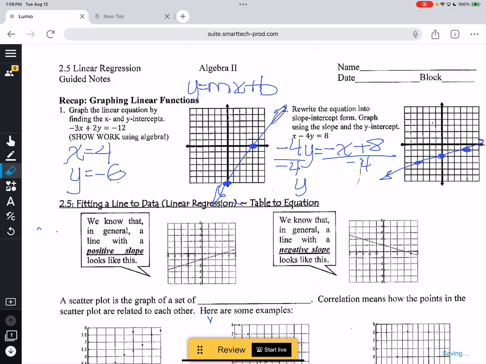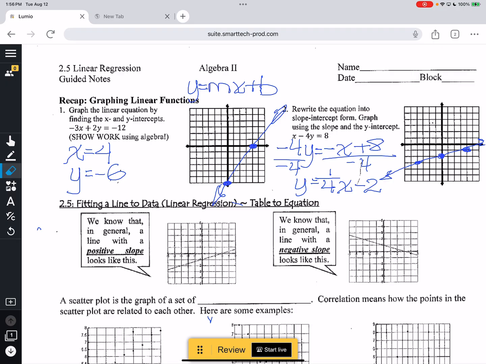And so y would be, 2 negatives will give us a positive, so 1/4 x minus 2. 8 divided by negative 4. Does that work? Does that click?